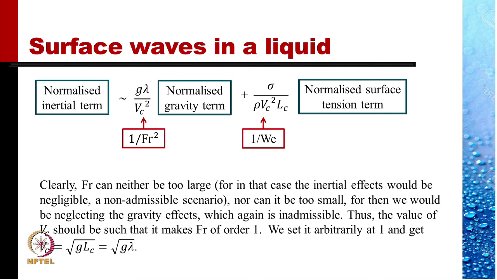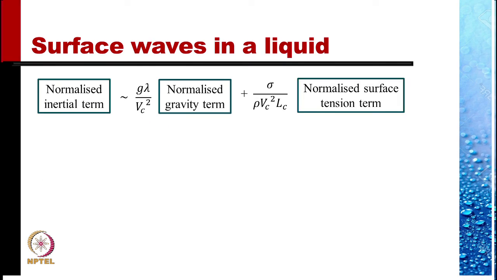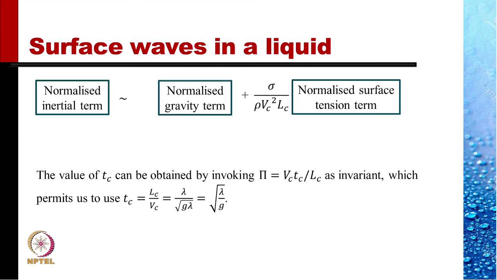If we use this as the characteristic velocity, then there would be only one parameter left, and that would be the Weber number. Once we know the value of Vc, we can obtain the value of the characteristic time, invoking pi, Vc Tc over Lc, as invariant, which permits us to use Tc equal to Lc divided by Vc, which is lambda divided by the square root of g lambda, or the square root of lambda by g.